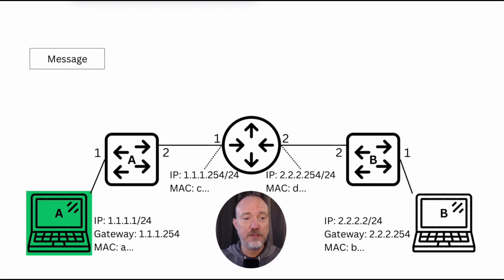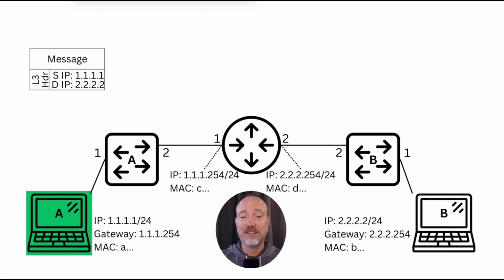We have our message there, and we're going to pick up this example at layer 4, where this message is now a layer 4 segment being passed down to layer 3, the network layer. PCA has to add a layer 3 header with the layer 3 source and destination addresses. PCA is the source because it's sending this traffic, so the source IP address is 1.1.1.1, the IP address of PCA.